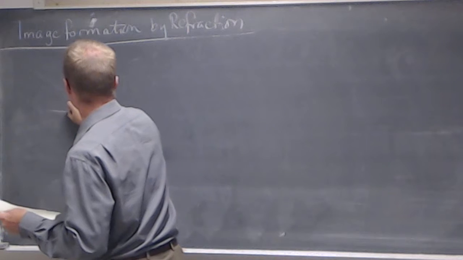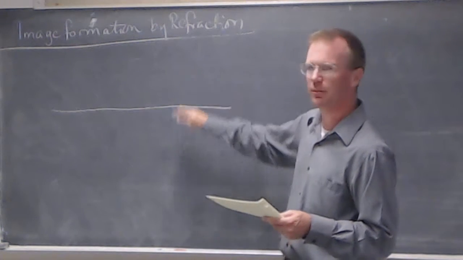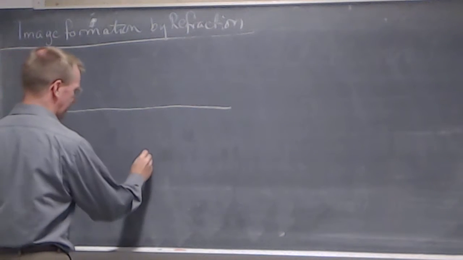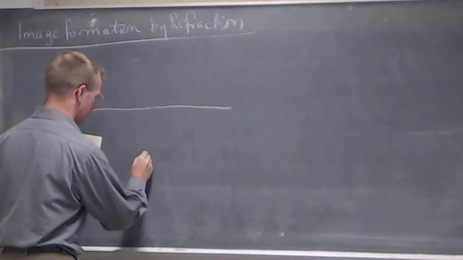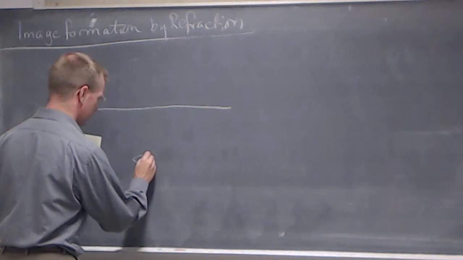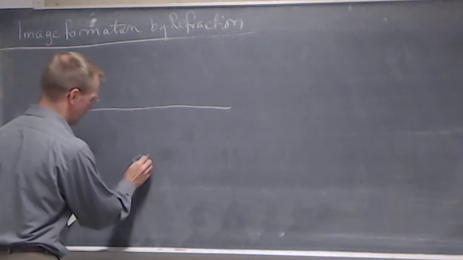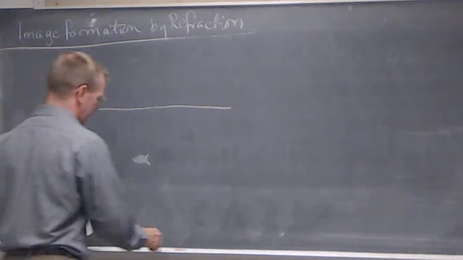So here's the water surface. We've got air above and water down below. And if we have a fish down here, sorry, it's not a particularly good fish, but there.